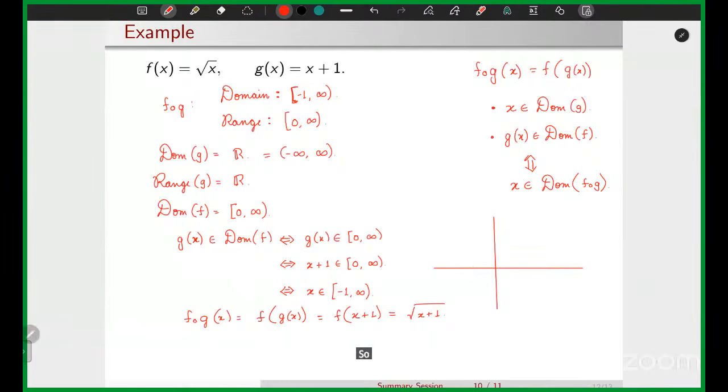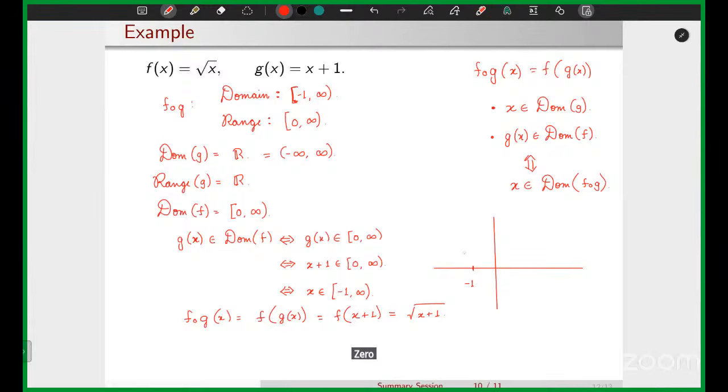So first of all, it's defined only from -1 to infinity. So I'll only be looking at the part of the graph to the right of -1. At -1, what is the value of the function? Zero.